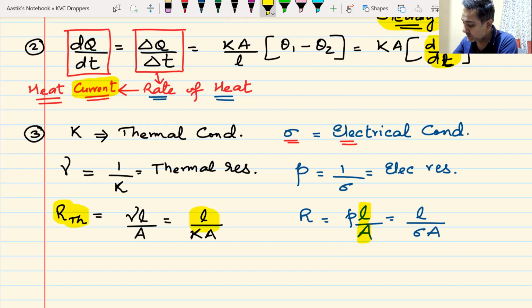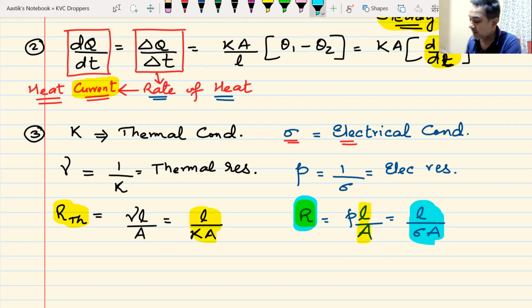Thermal resistance becomes L divided by Ka, whereas your electrical resistance was L divided by sigma A. Do we understand this? Yes, sir. I'll give you a minute to note this down.